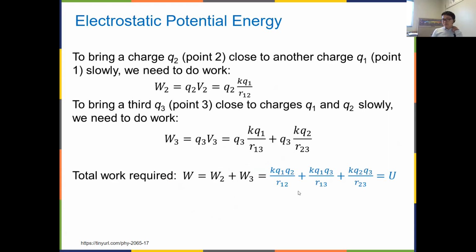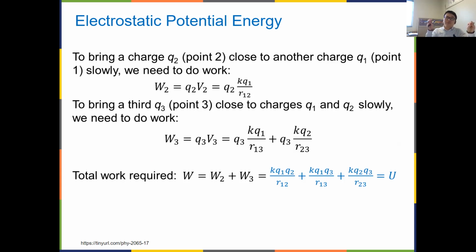For electrostatic potential energy, this is in case you have several charges surrounding each other. There are two ways to calculate how much energy is stored in the system. You can imagine you first have one charge in space, nothing surrounding it. That's natural by itself, so no work is required.